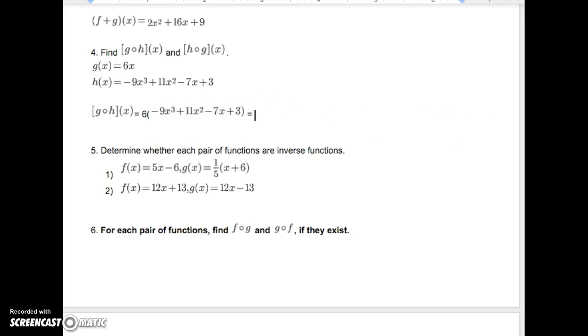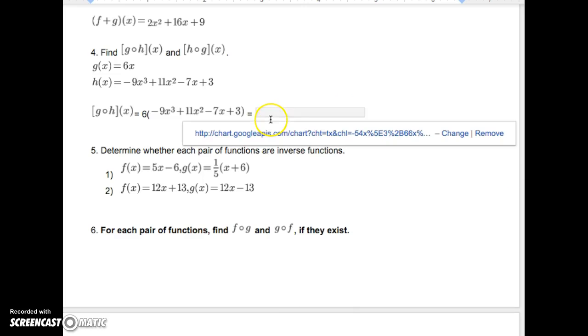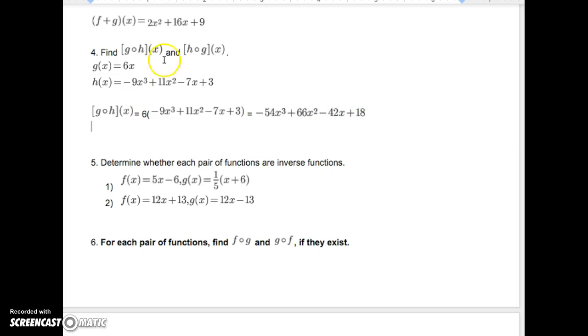So I'm going to have 6 times negative 9, which is negative 54. 6 times 11, which is 66. 6 times 7, which is 42. And 6 times 3, which is 18. So this right here is my final answer for g composition h.